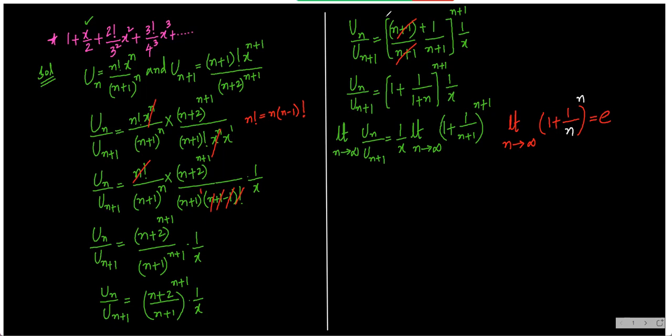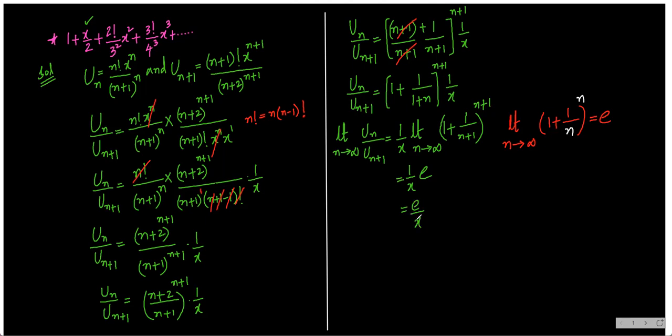So this is 1 by x as it is, and this answer is e, because it is perfectly suitable for this formula. So our answer is e by x.